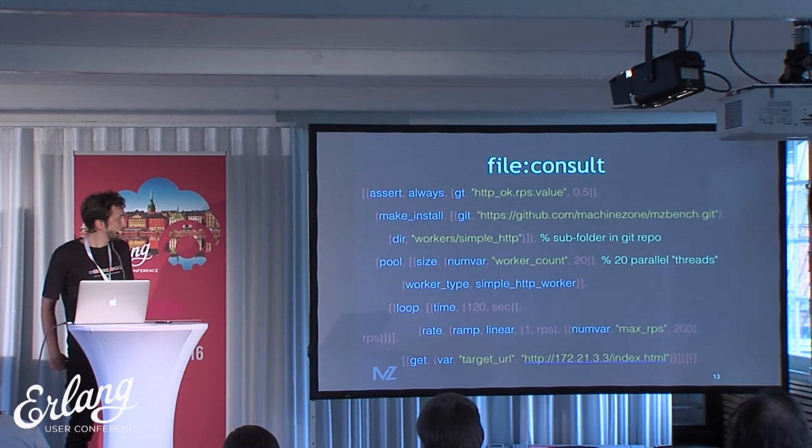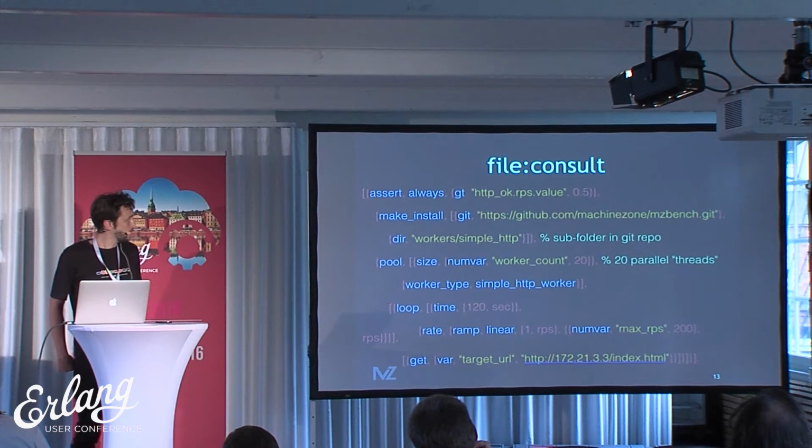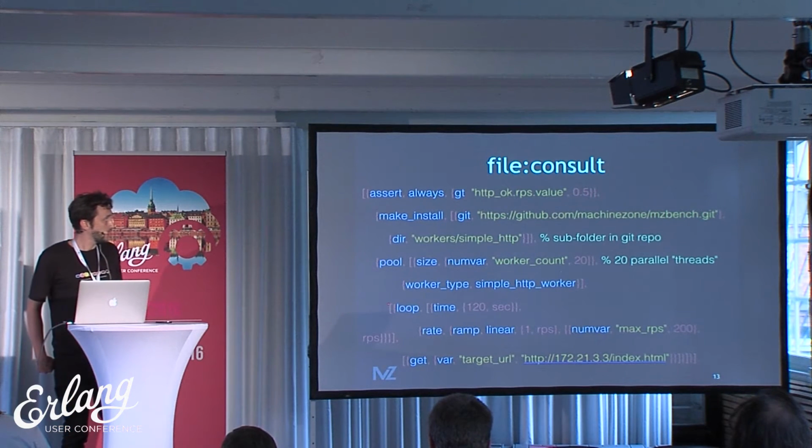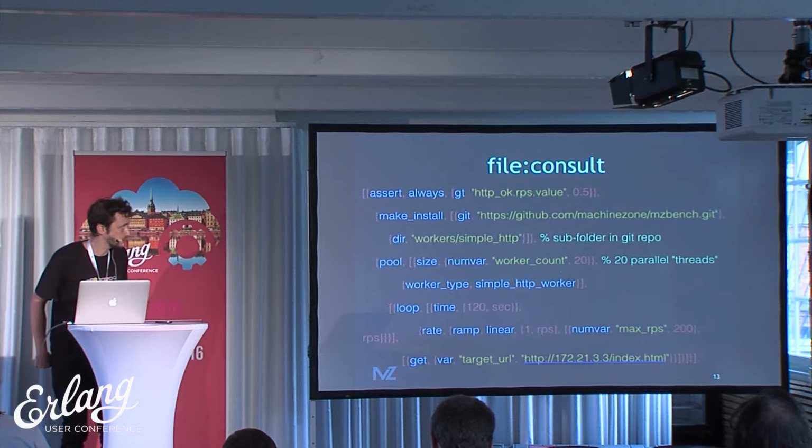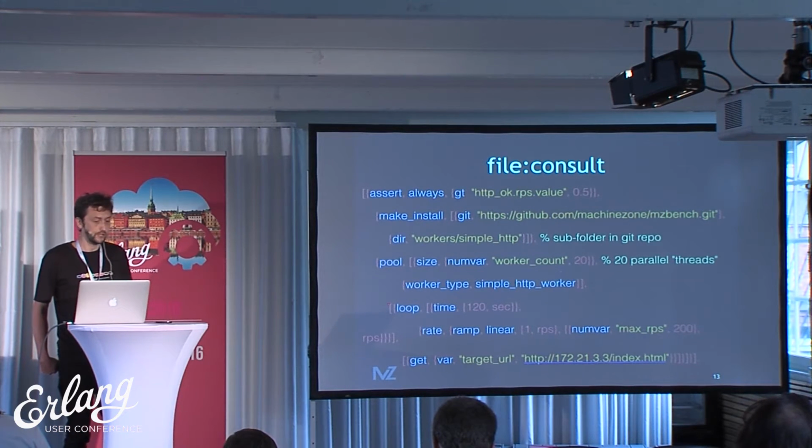Here's what it does. The first statement is assert. It says that HTTP OK requests per second should always be greater than a half. The second is about installation of some particular software required for benchmarking.